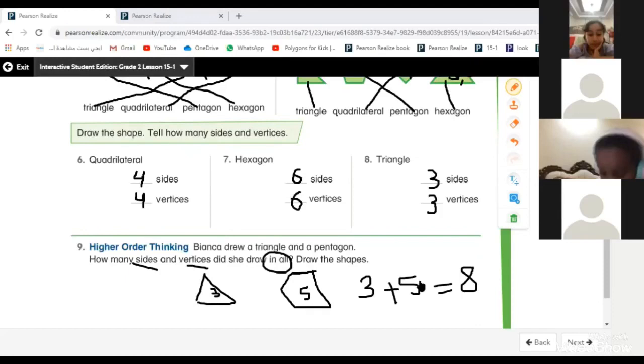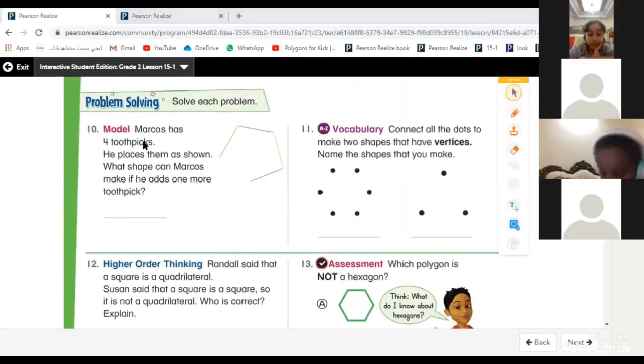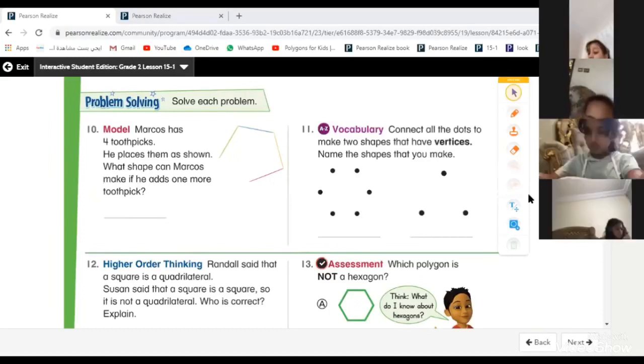Just 1 minute and we will go on to the next page. Okay. Here, Marco has 4 toothpicks. He placed them as shown. What shape can Marco make if he adds 1 more toothpick? What's the name of the shape?